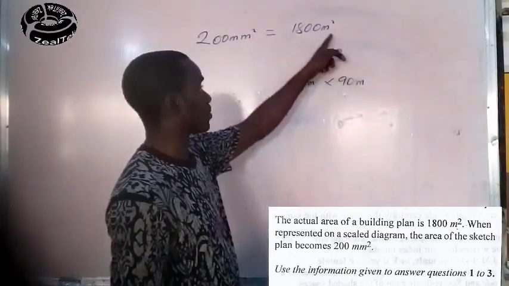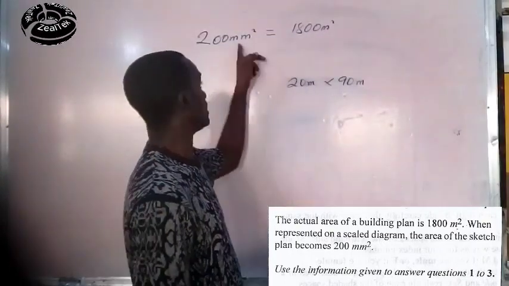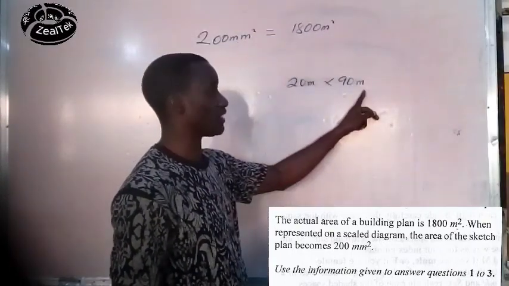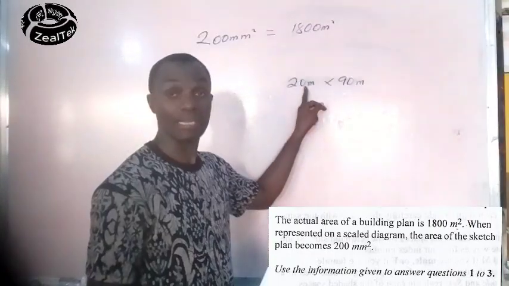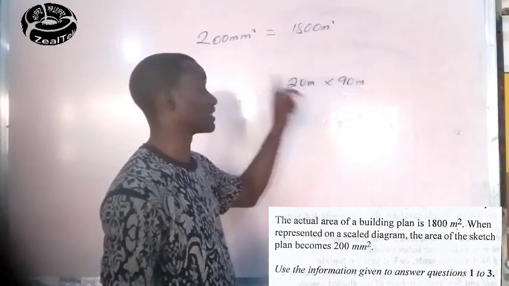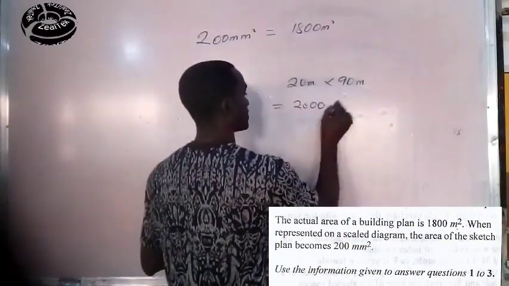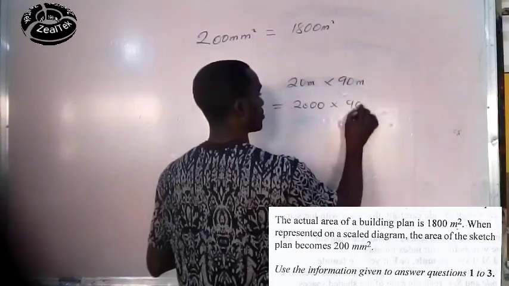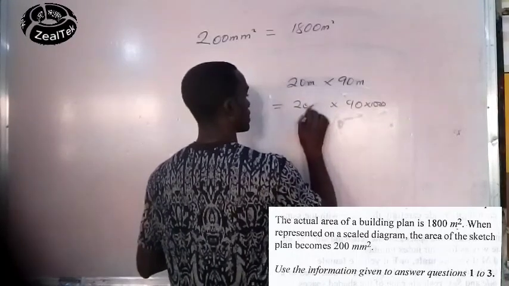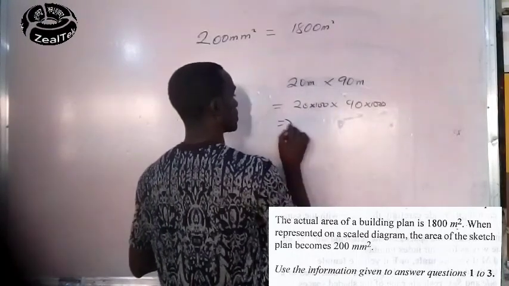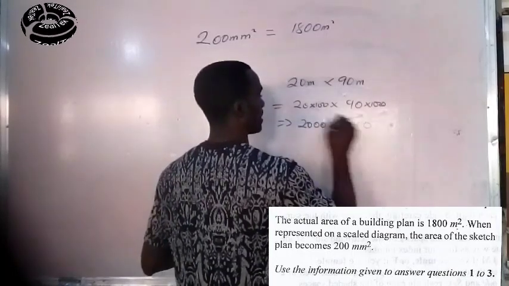That means I need to convert this one to millimeters, and convert this one to millimeters. To do that, I will need to multiply by 1,000 to convert to millimeters, thereby converting 2 to 2000, times this one, 9000. This will give me 2000 times 9000.